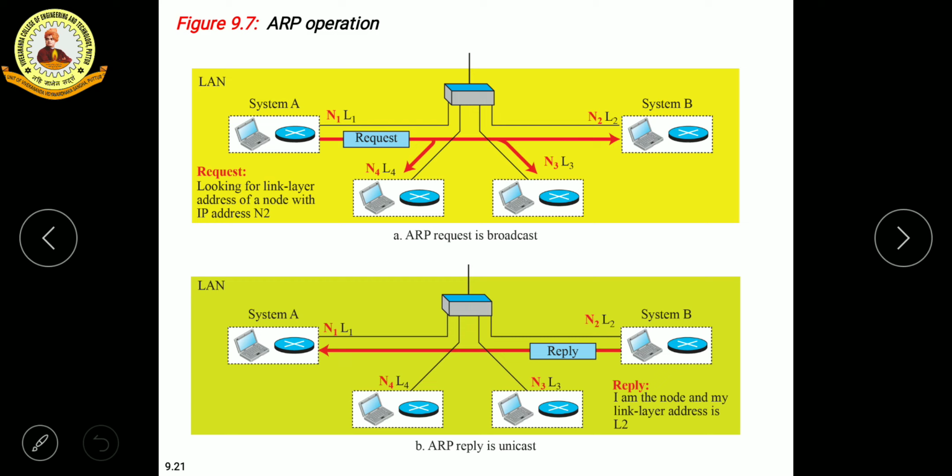This is discussed in the last slide. So every host or router on the network receives and processes the ARP request packet, but only the intended recipient recognizes its IP address and sends back an ARP response packet. Here system B is giving reply: I am the node and my link layer address is L2.